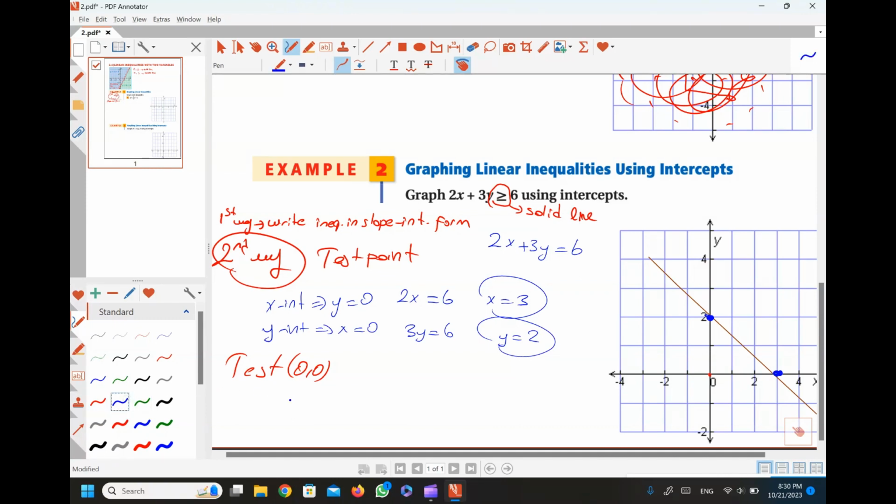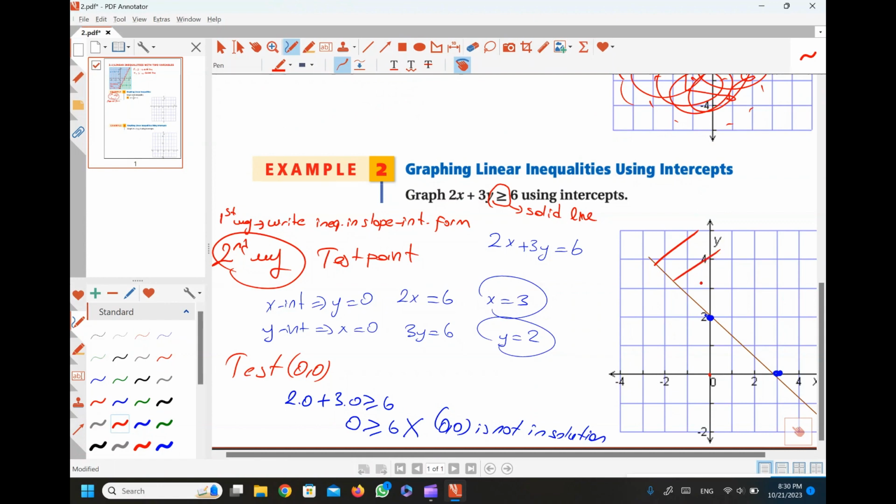You substitute 0 for x, 2 times 0 plus 3 times 0 is greater than or equal to 6. 0 on the left, 6 on the right. 0 is greater than or equal to 6, which is false, which means (0, 0) is not a part of the solution. If (0, 0) is not the solution, then we are not shading the region including (0, 0). We have to shade the other part, the part that doesn't have (0, 0).